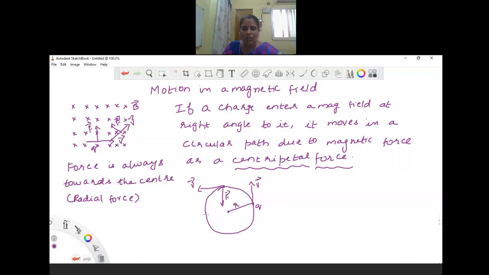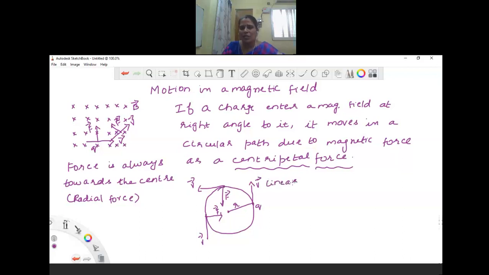So if this is the direction of velocity, then this will be the direction of the force, where this force will always be at right angles to the velocity. And this v is the linear velocity.